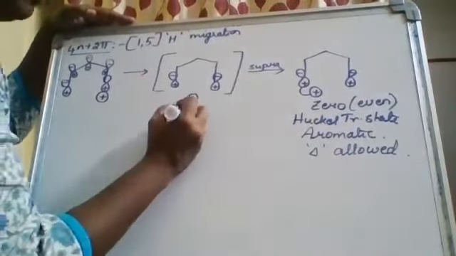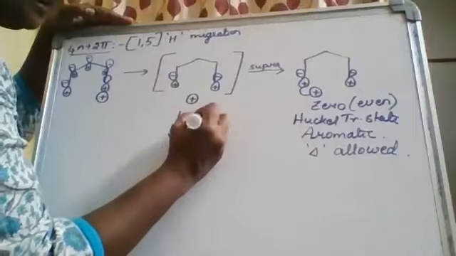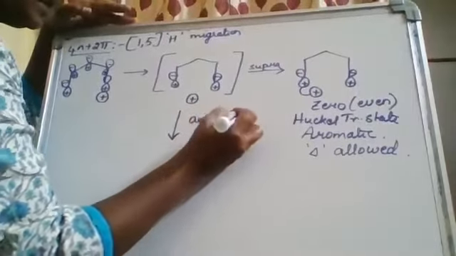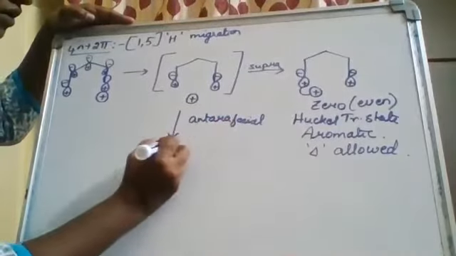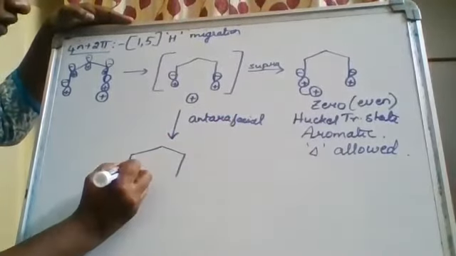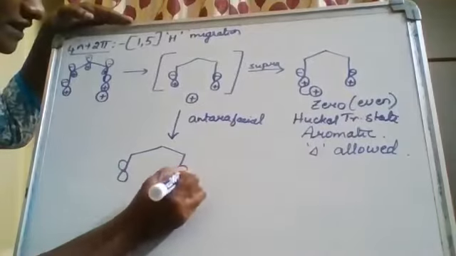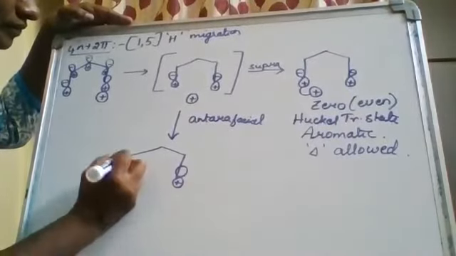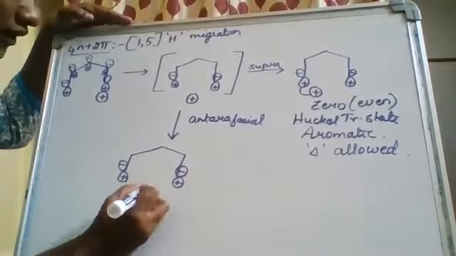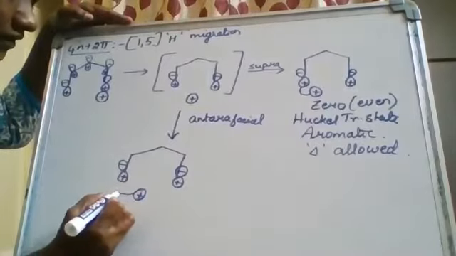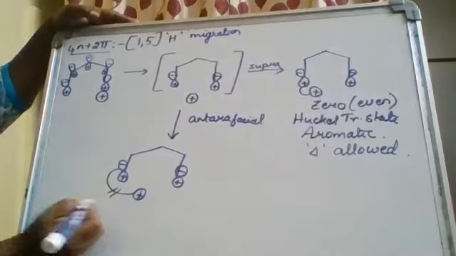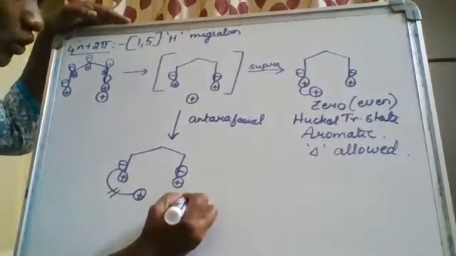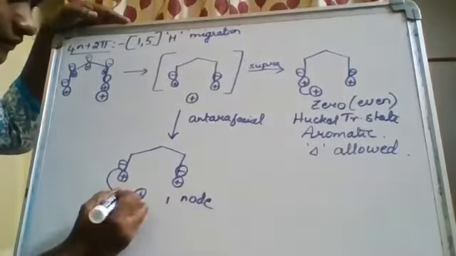Now, take the same molecule for the antarafacial migration. In case of antarafacial migration, you're going to take the pentadienyl with the basic set, hydrogen atom is going to migrate. I am getting a node. So one node is going to exist.